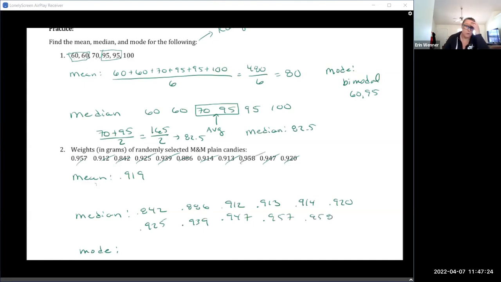Okay, so we count, there's 11 values, 1, 2, 3, 4, 5, 6, 7, 8, 9, 10, 11. So if we go 5 in on each side, we're gonna have the sixth number, 0.920 as our median. And then our mode, there isn't a value that occurs most frequently, so we would say none.